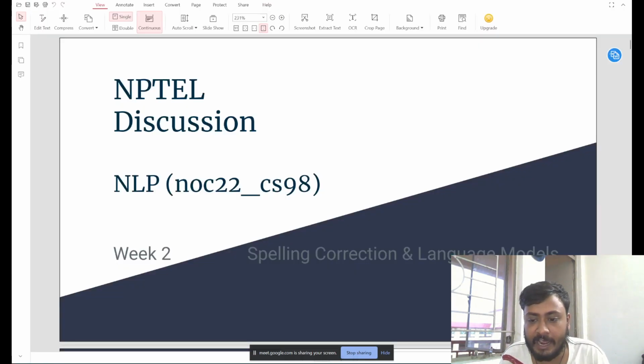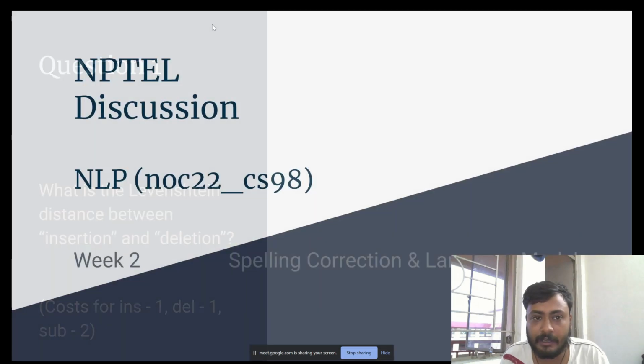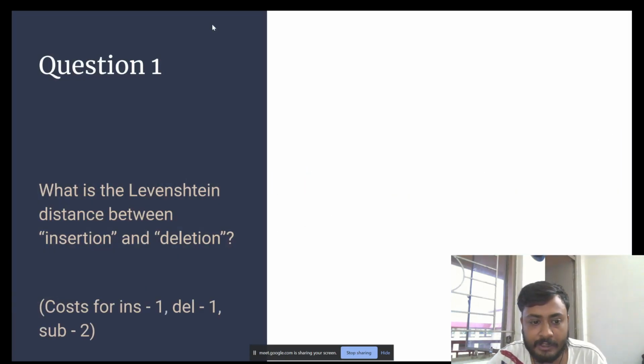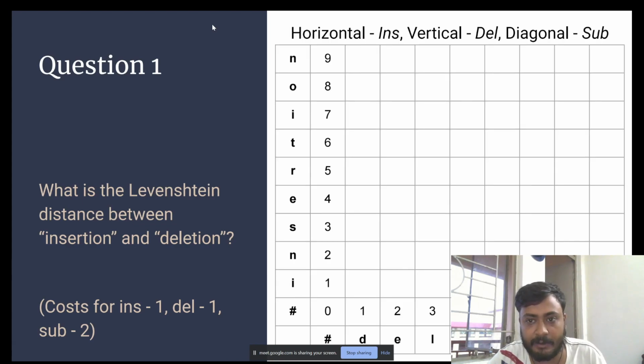For creating that table, you need to put the two words on the two axes. I guess you are familiar with this table. You see that you have insertion on the left hand side and deletion at the bottom. Whatever values you can see here are the base costs.